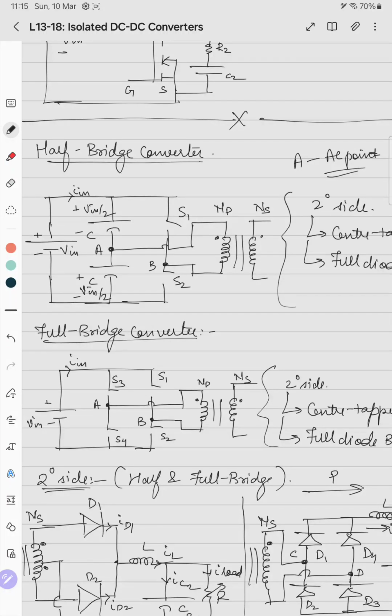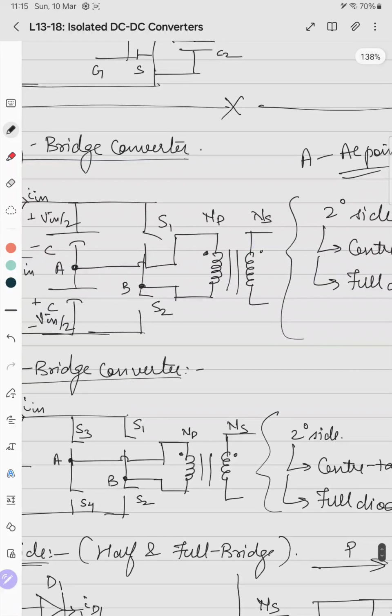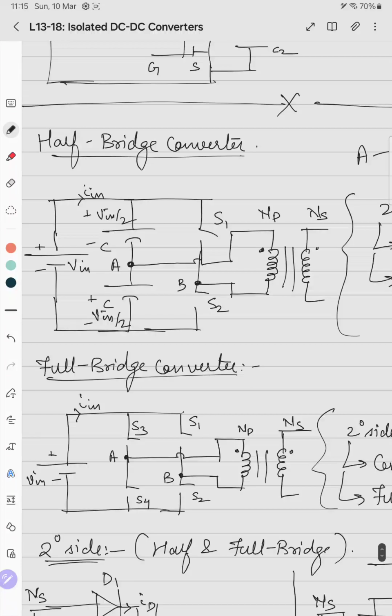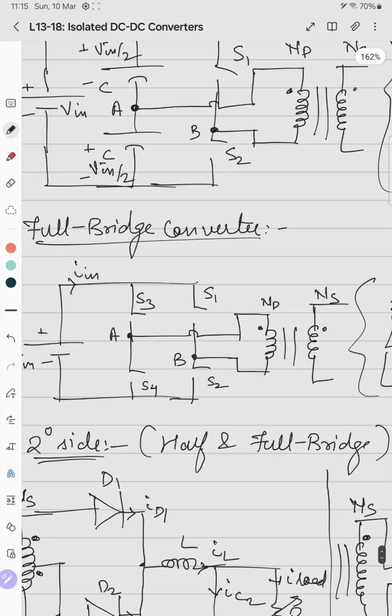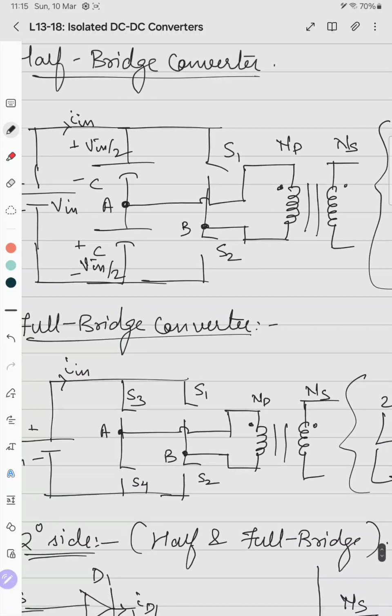So basically, based on the switching configuration, say when S1 is on, S1 and S2 operate in a complementary fashion for a half bridge. Similarly for a full bridge, S3 S4 is complementary and S1 S2 is complementary. So when S1 is on, S2 has to be off.